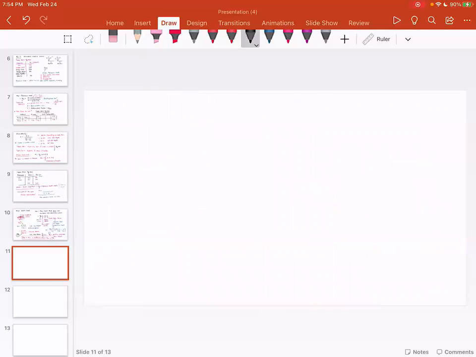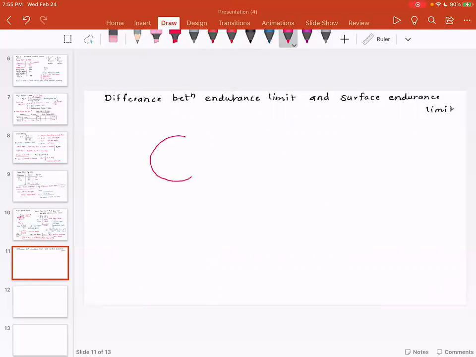Now, if you look at the difference between endurance limit and surface endurance limit, what I want you to think about is you have a shaft, and this shaft is maybe carburized, which means you impregnate or stick this rod or shaft in carbon, heat it so that the carbon gets diffused, and then you have a high carbon content at the surface.